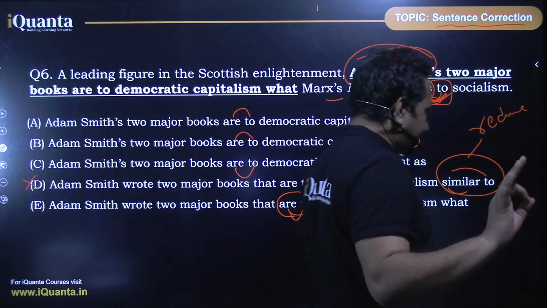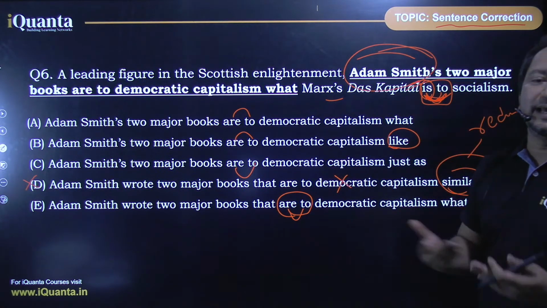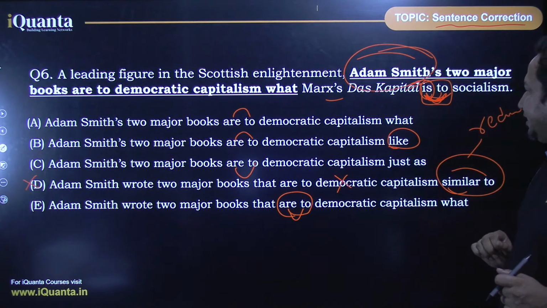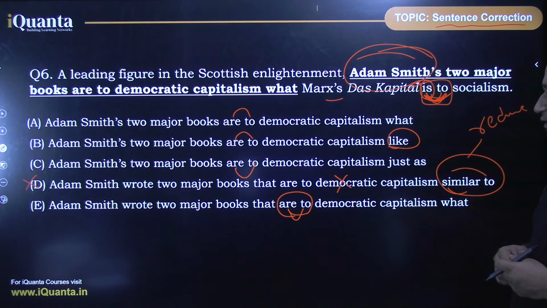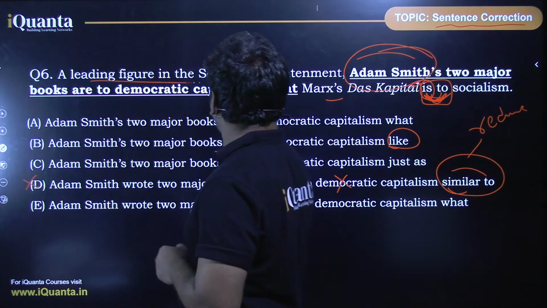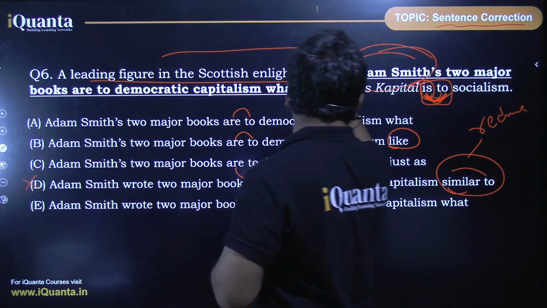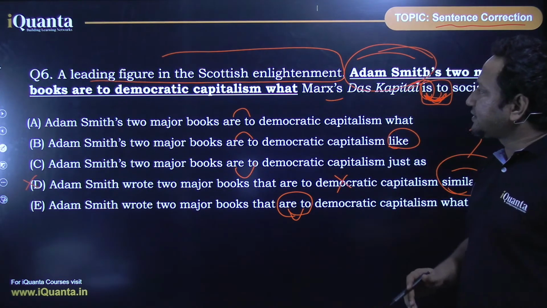Someone asked me how to eliminate options. We have eliminated D by using the concept of parallel errors. Now, how do we eliminate the other three options? See, here it is written, a leading figure in the Scottish Enlightenment, and then a comma comes, and then the next clause starts.